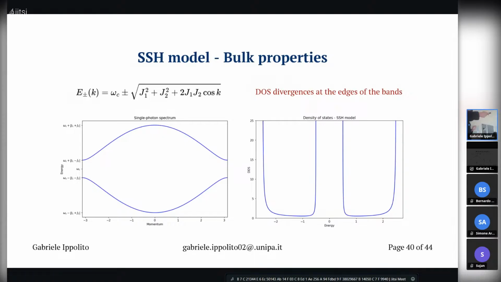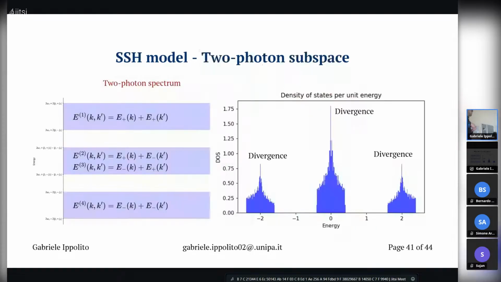If I call this E plus and this band E minus, this is the two-photon spectrum. We observe that we have one band identified by the sum of E plus and E plus. That is, the two photons are emitted in the upper band.